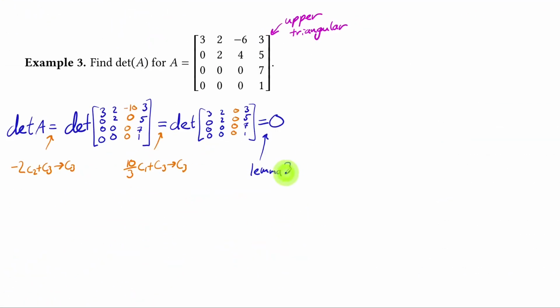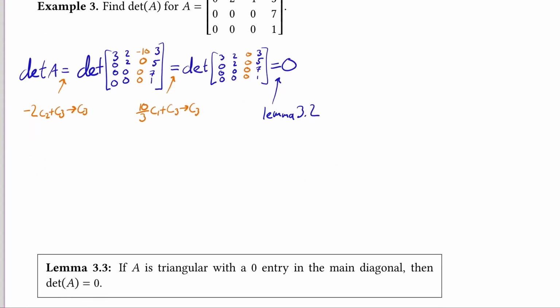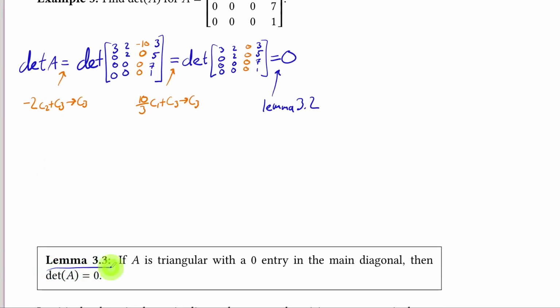It was lemma 3.2. And so this is sort of a justification for lemma 3.3 here, that if A is triangular with a 0 entry in the main diagonal, then the determinant of it is 0.